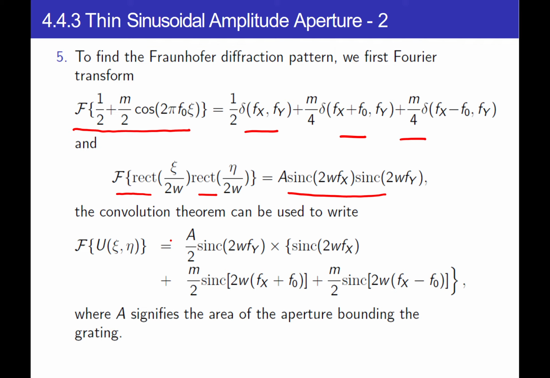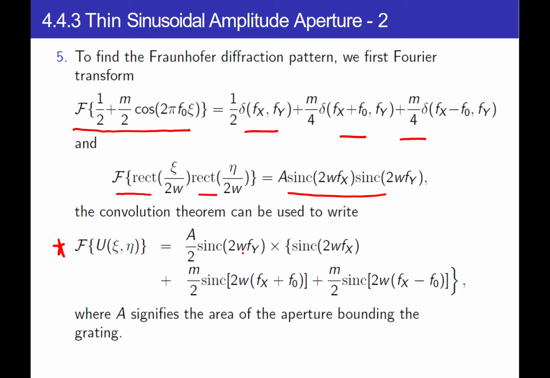And what we do know is that the convolution theorem can be used to write each of them. And then, if you do the Fourier transformation, you know the convolution in the Fourier domain is just a multiplication. And then we eventually get this kind of function.